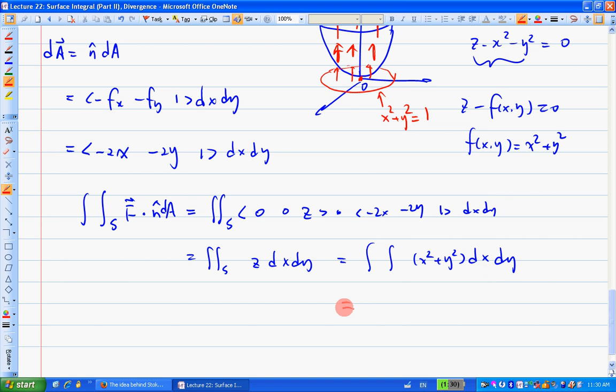So if you use polar here, x squared plus y squared becomes r squared. And dx dy becomes not dr, but r dr d theta. R goes from 0 to 1, theta goes from 0 to 2 pi. Okay, so regular stuff.